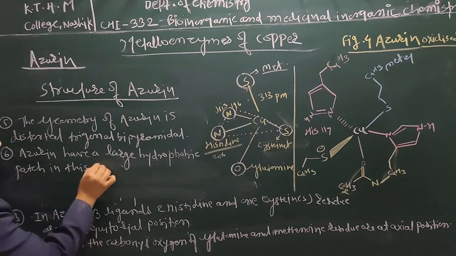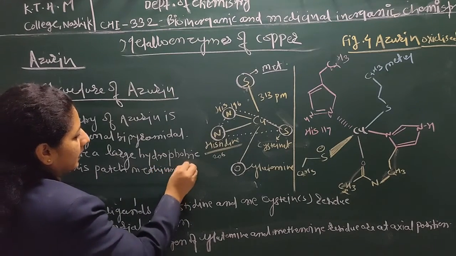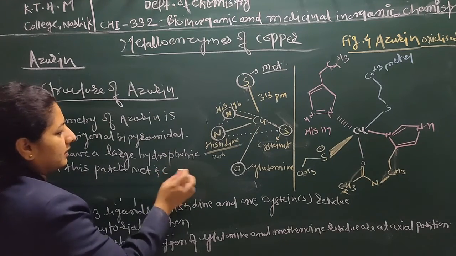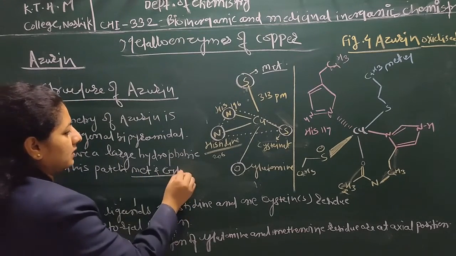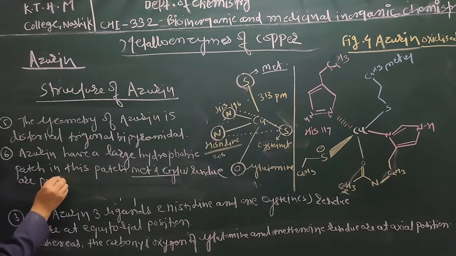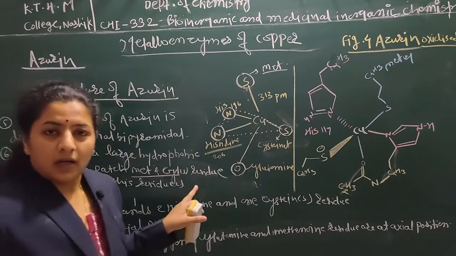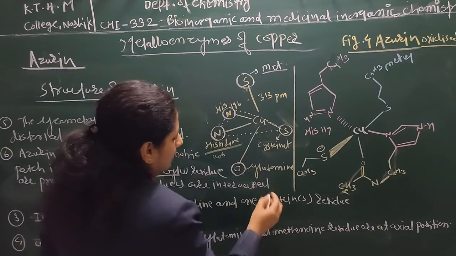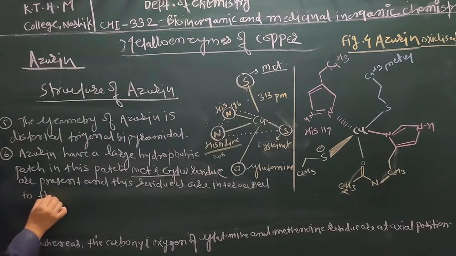In this patch, these two residues, methionine, which we can abbreviate as MET, and glutamine residue, are present, and these residues interact with their redox partner.